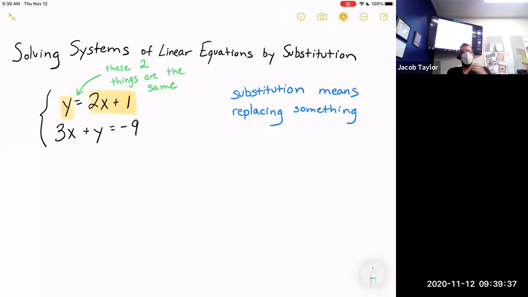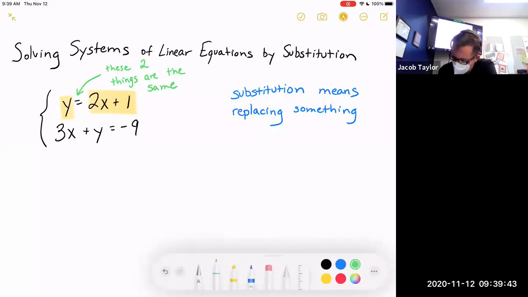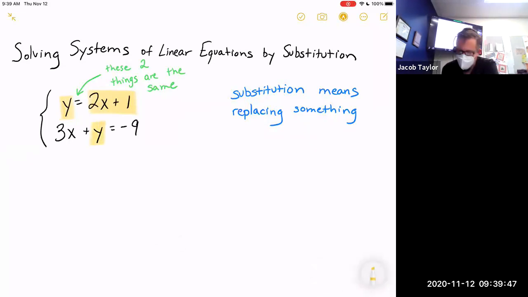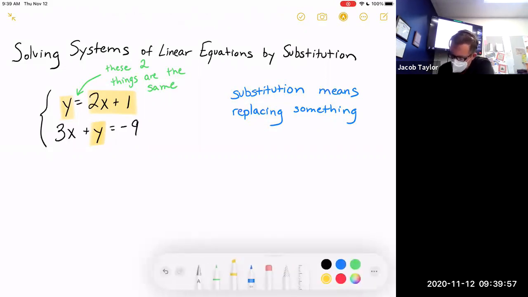But what if I were to go to that second equation, 3x plus y equals -9, and replace or substitute the y with 2x plus 1. The first equation tells us y and 2x plus 1 are the same thing. They are interchangeable. So let's use that. Let's take this second equation here.